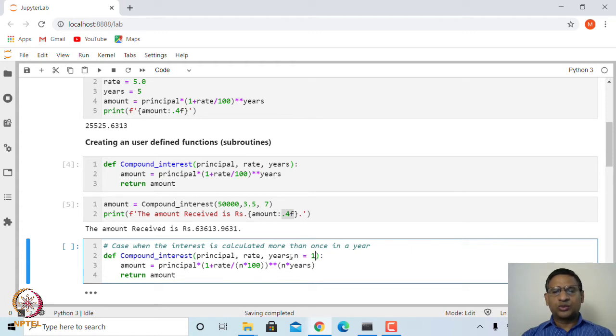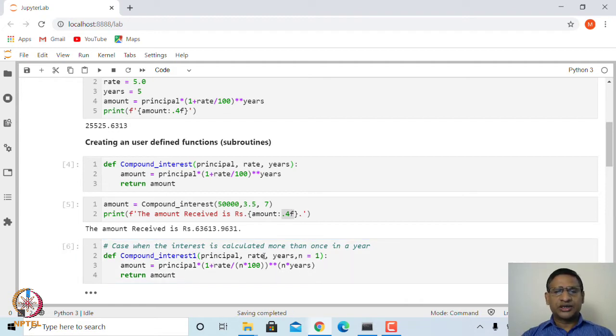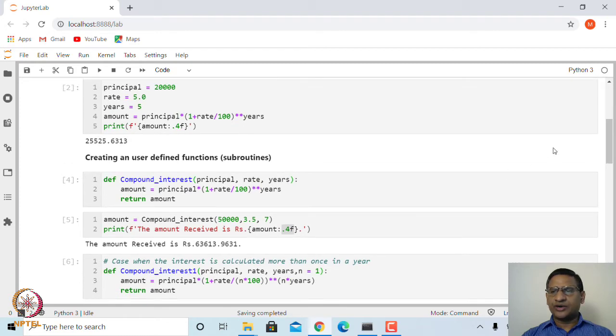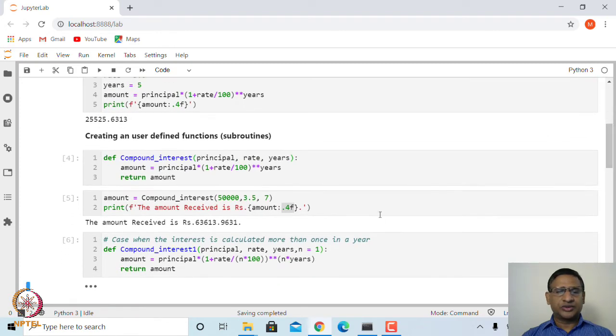Even if you do not give this, it will take the default value of 1, but in case you give this value, it will calculate accordingly. That is the only change in the previous user defined function. Let me call this compound_interest_1, and let us run this.